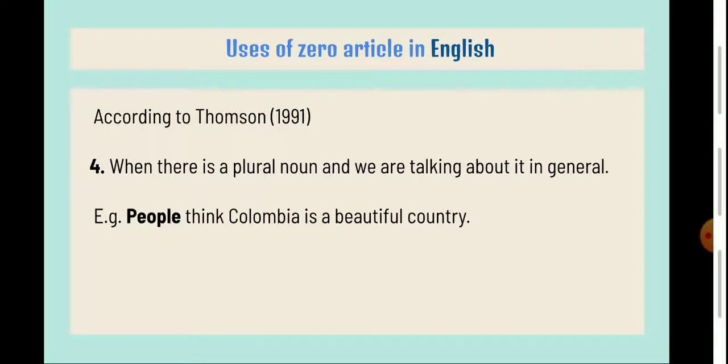We do not use articles when there is a plural noun and we are talking about it in general. For example, people think Colombia is a beautiful country. So people in general is a general argument.